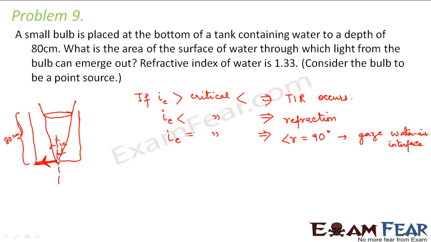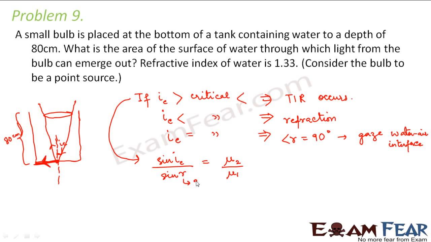We want that the light should go out in this form, that means we want total internal reflection to take place. For this, sine I by sine R is equal to mu 2 1, that is mu 2 by mu 1.